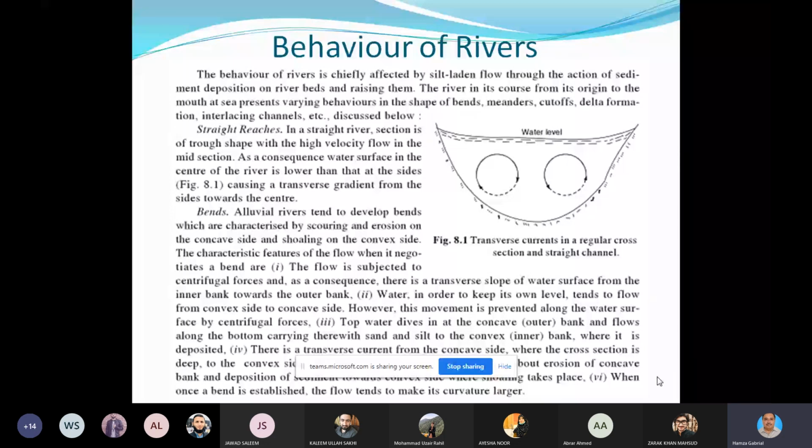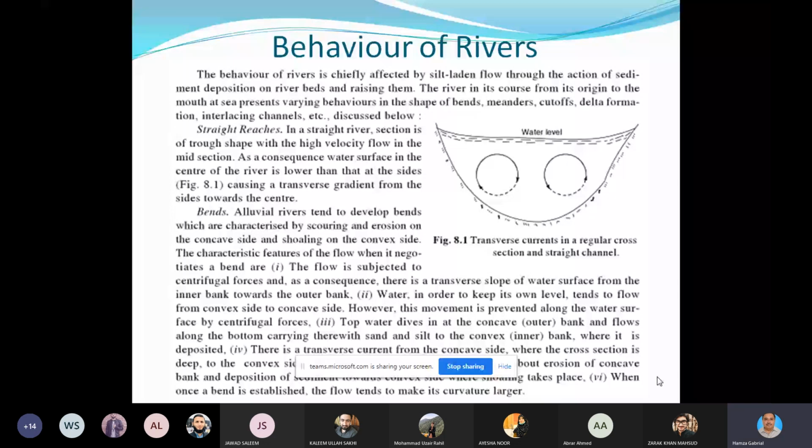So at the outer side, the concave side, velocity is higher, so it will pick up all the fine sediment, sand and silt, and it will deposit this on the inner side where the velocity is reduced. So the deposition occurs on the inner side of the bend.